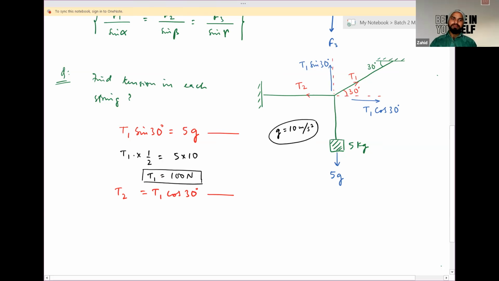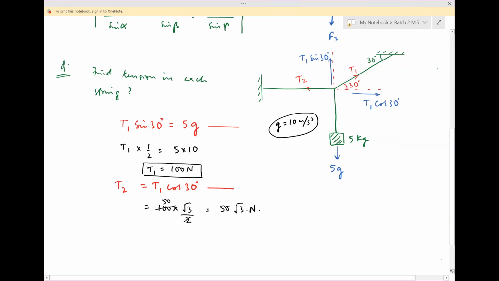Now, if you put this in the second equation, T1 is 100, cos 30 is root 3 by 2. So this 2 and this 100 will cancel out, and you will get 50 root 3 Newton. Is it clear?